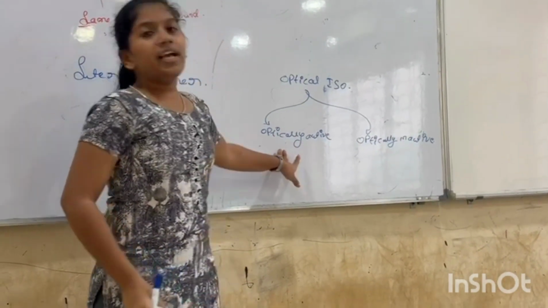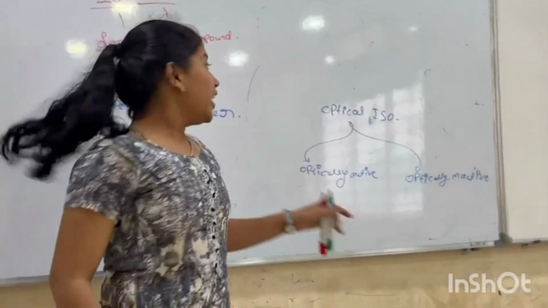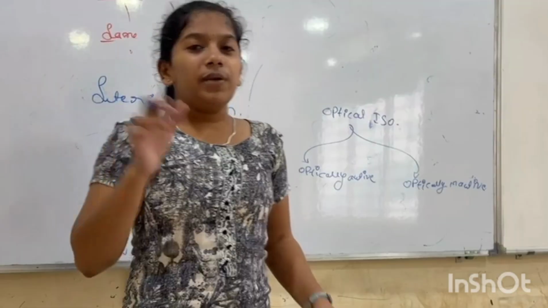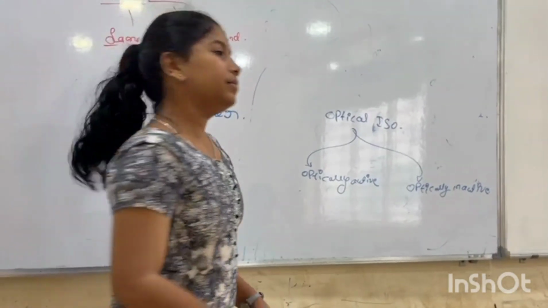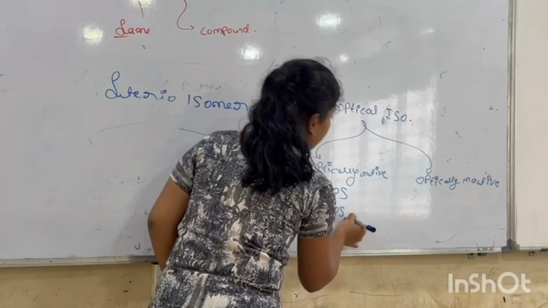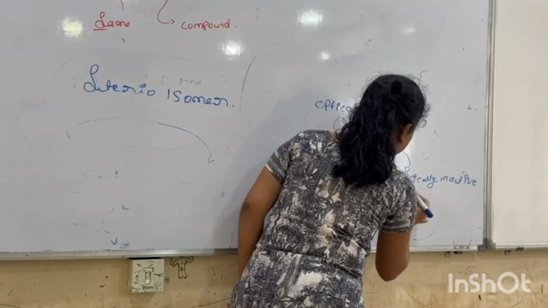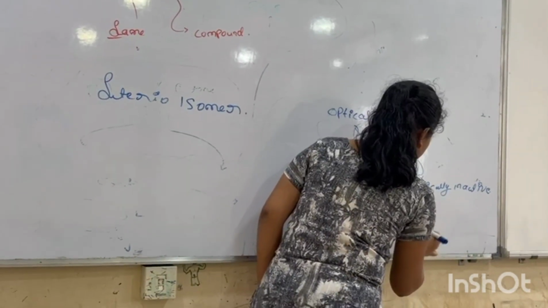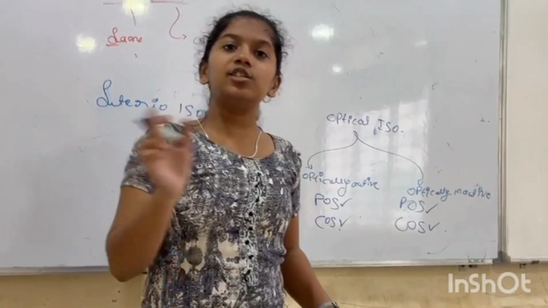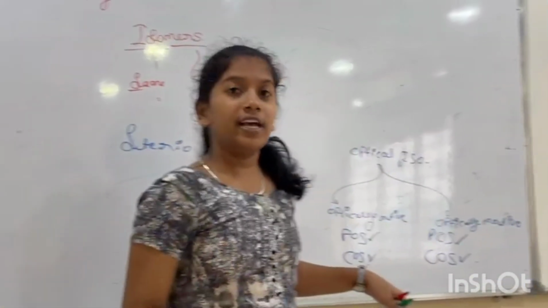In case of optically active isomer, POS and COS are absent. In optically inactive isomer, POS and COS are present. In case of COS only present, this is also optically active. In case of POS only present, this is also optically active.